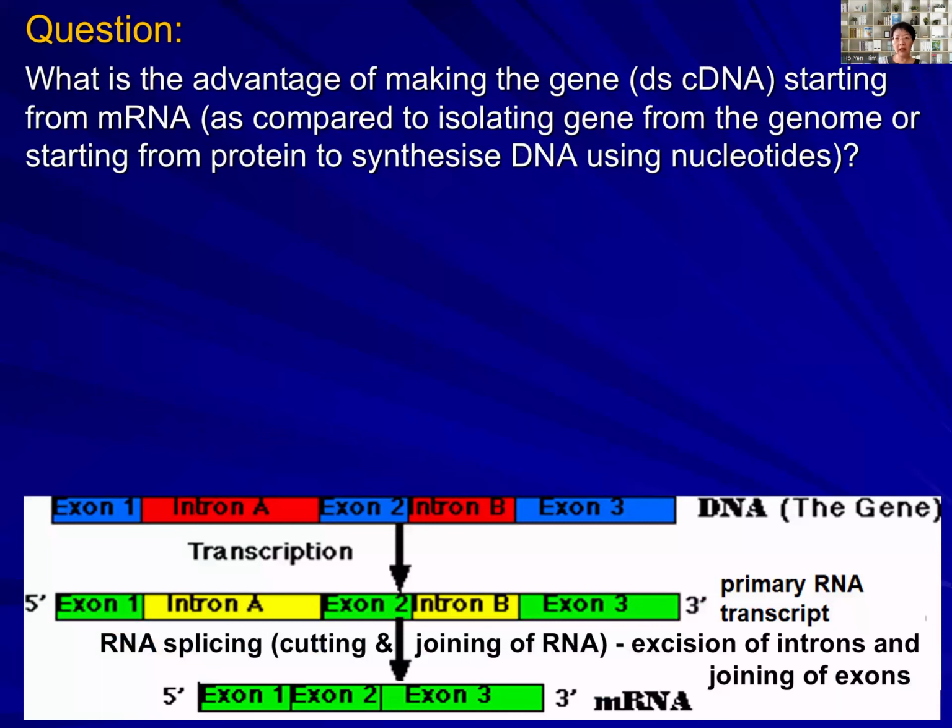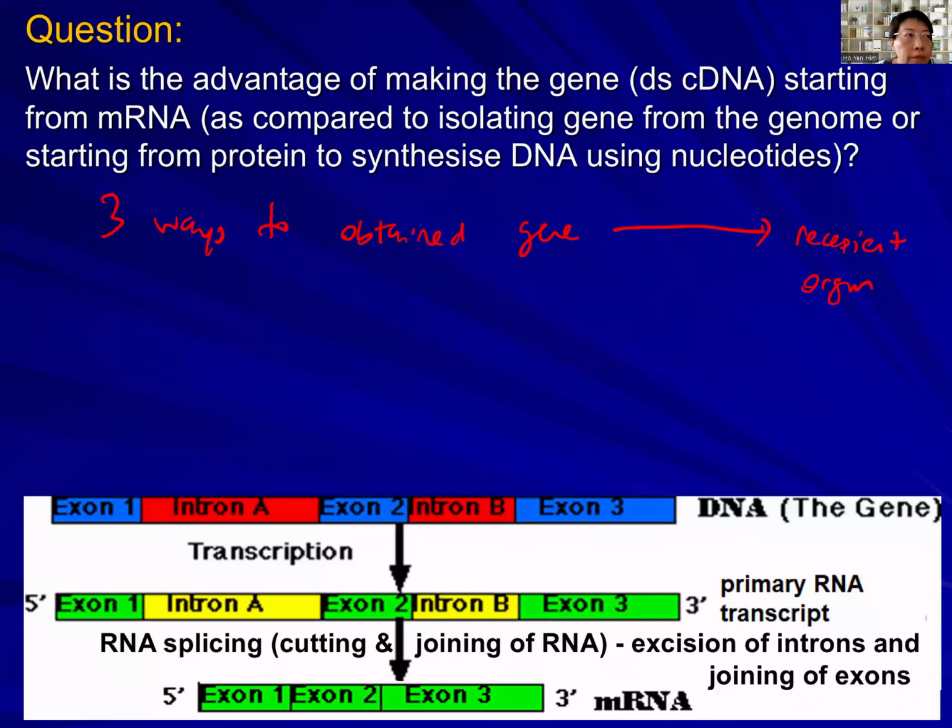Now, the question is, in order to understand this question, there are 3 ways to obtain a gene in order to transfer into the recipient organism.